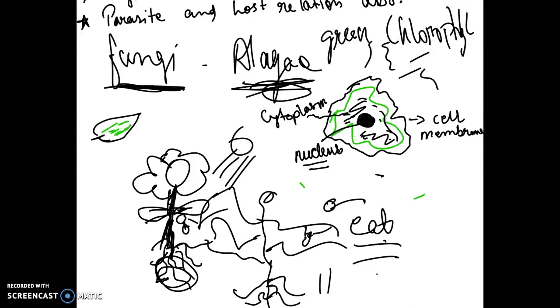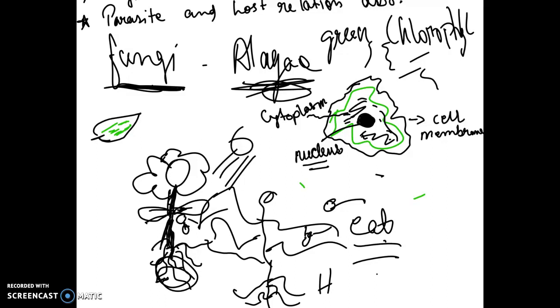Like a goat is a herbivore because it will never eat meat, it will only eat grass or fruits or plant products. And a lion is a carnivore because it will never eat grass, but it will eat the organisms which eat grass. And then omnivores like bear or crow: a bear will eat an animal also, it will eat grass also, it will eat bamboo also.